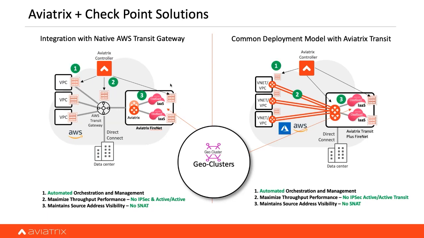You should not be doing that, in my opinion, because then you're creating a lot of snowflakes and a lot of troubles for yourself. And like I said, this is geo-clustering enabled. So if you are looking for providing clustering for these CloudGuards, we have a validated solution both for TGW and for our native transit type solution.